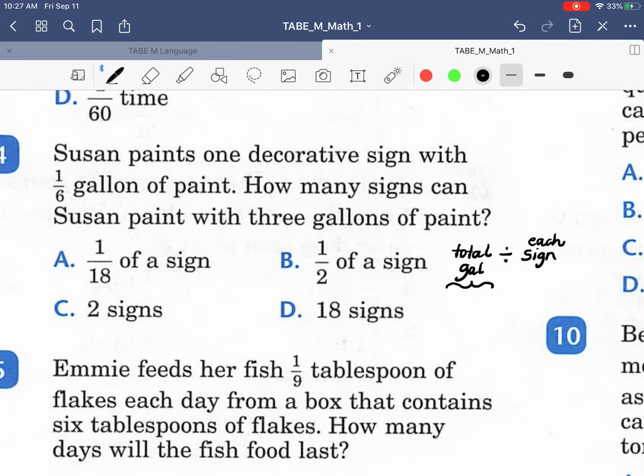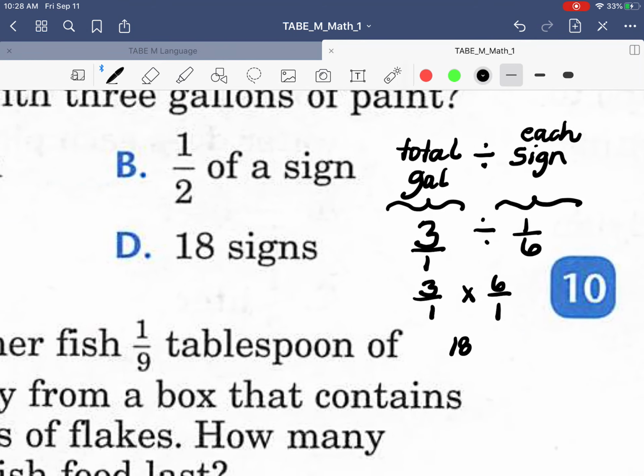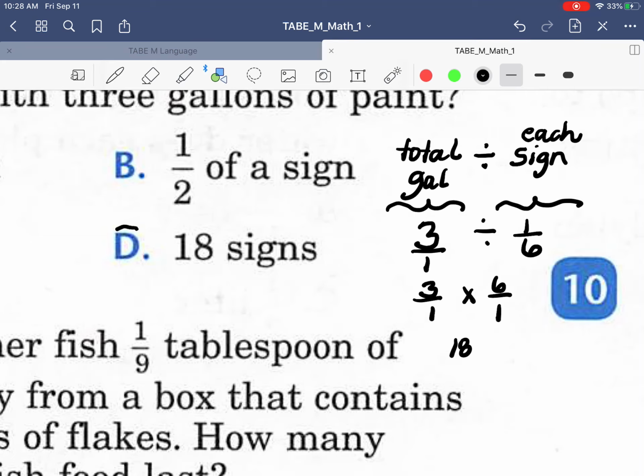So she has 3 gallons of paint, and each sign takes 1/6 of a gallon. So we're going to say 3/1. Leader never changes. You flip the fraction that follows. And this will be 18/1 or 18. So the answer to this one is D. This is number 4. The answer is D.